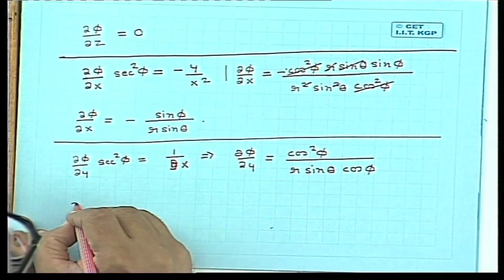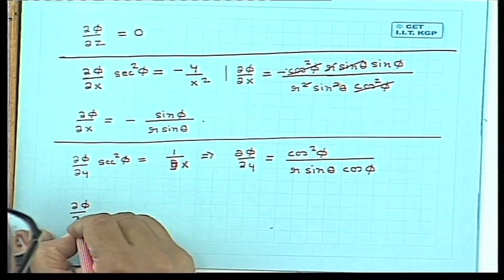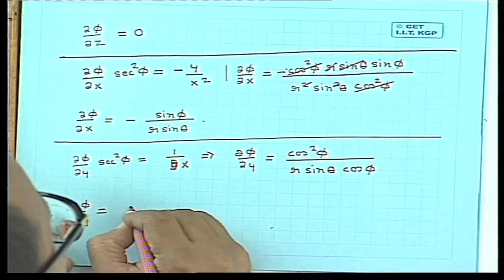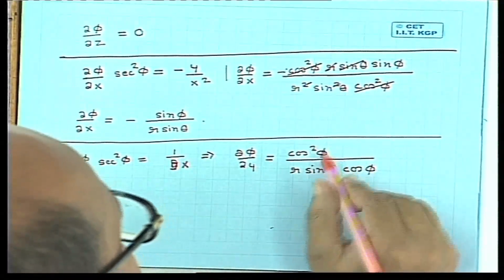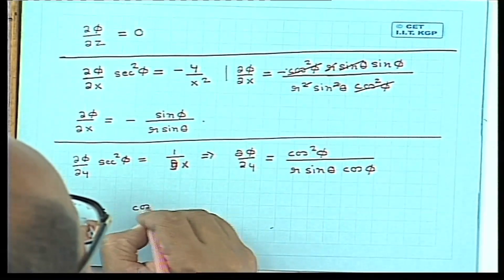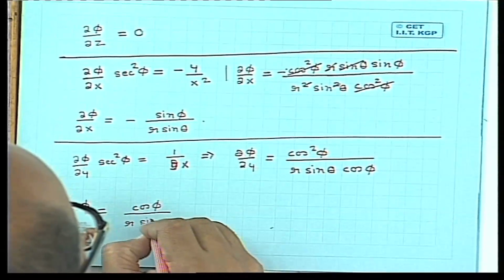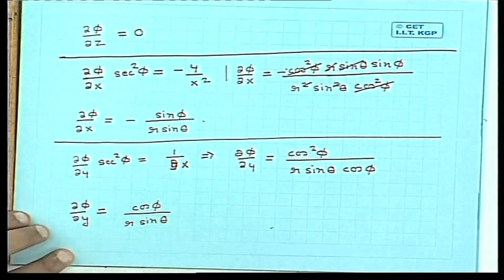So, del phi del y is equal to cos phi in the numerator divided by r sin theta.